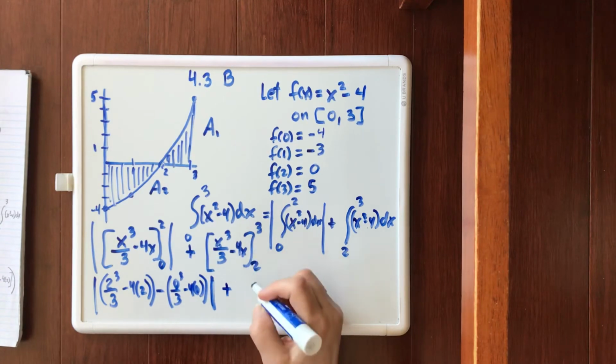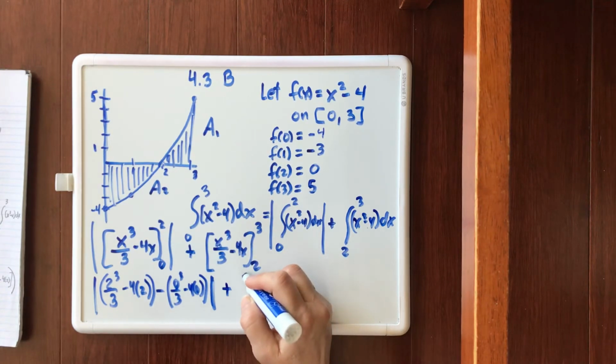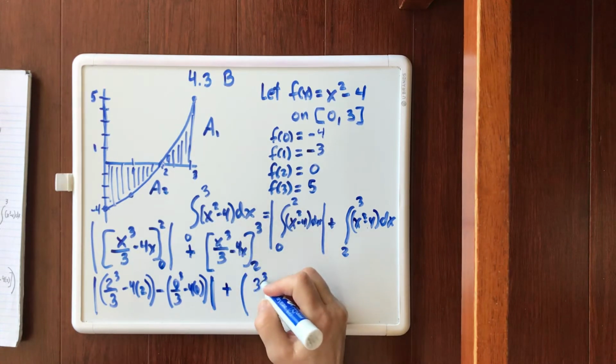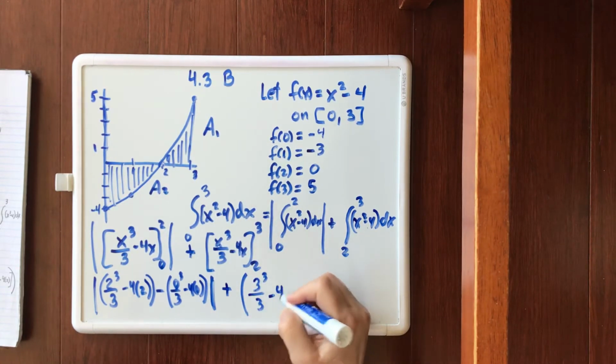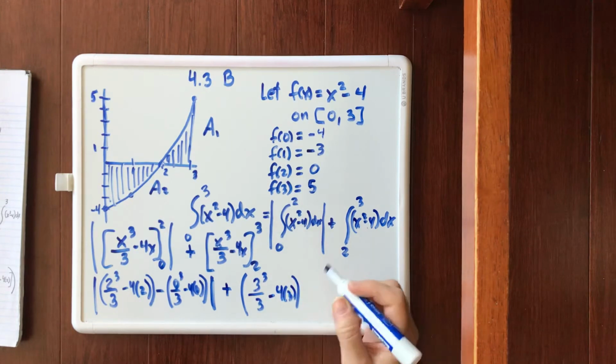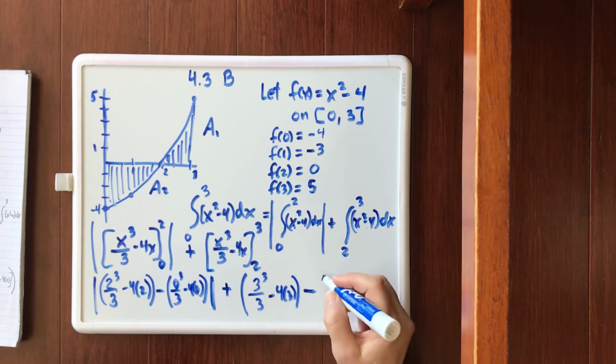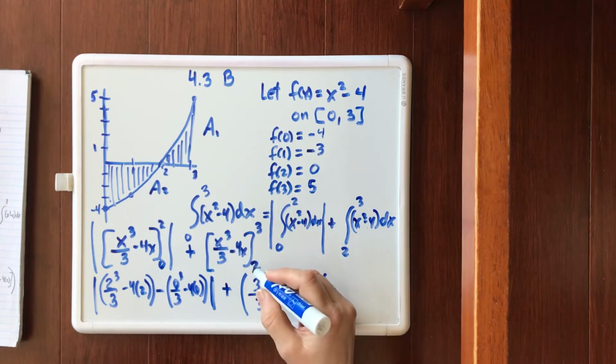Okay, so this one over here, we're going to put a 3 in there. 3 cubed over 3 minus 4 times 3. All right, and then we're going to minus, and we're going to put a 2 in there.